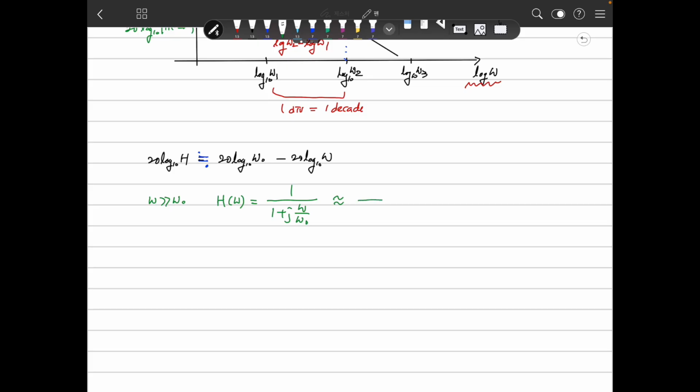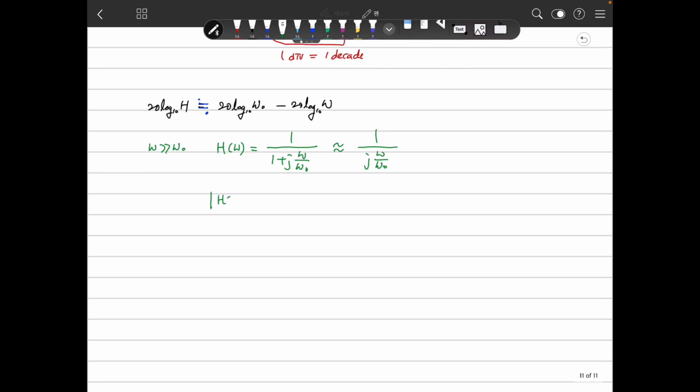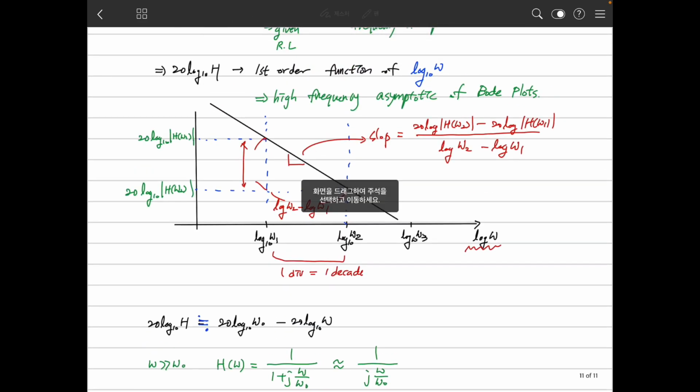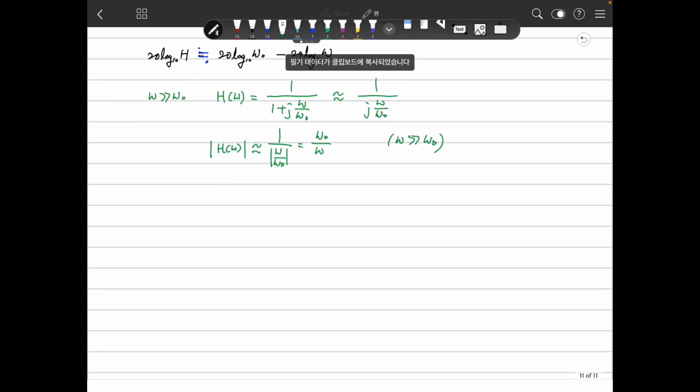They can be represented simply as 1 over j omega over omega 0. So the magnitude of H omega was 1 over omega over omega 0, when omega is higher than omega 0. So we use the slope here. Okay, slope, we can calculate in this system.